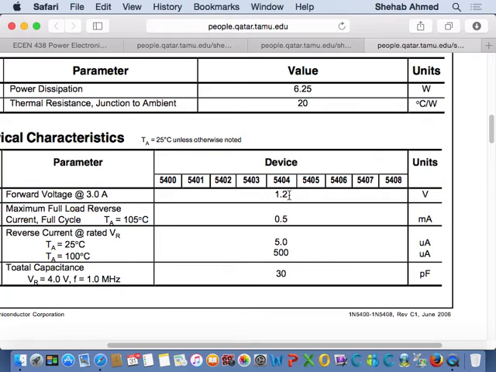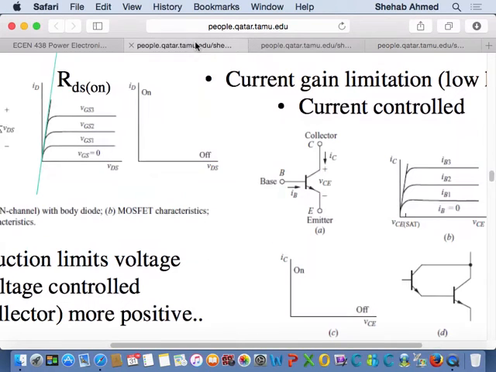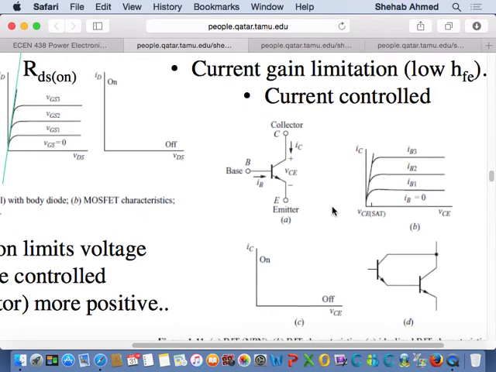across the diode. You will go to the data sheet and extract it from the data sheet. And that's then how you can calculate the losses. It's the forward drop multiplied by the current flowing through the diode. And with the MOSFET, it's the current squared times RDS on. And for the BJT, the loss is what?